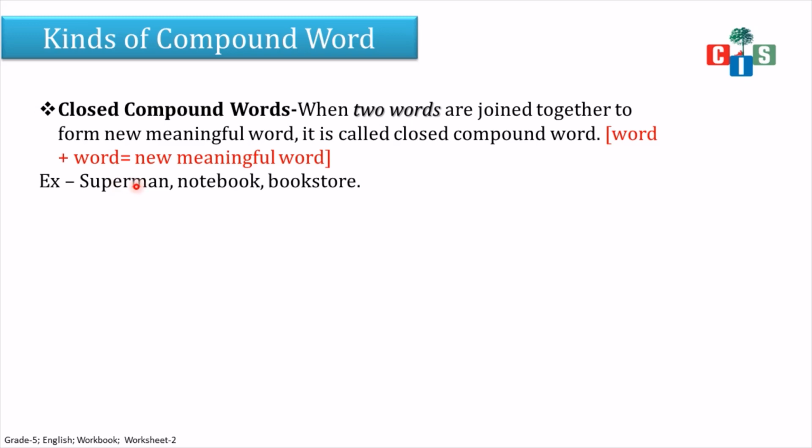See here scholars, we have one word super and another word man. Super and man are joined together without any hyphen, without any space, and it became a new meaningful word, that is superman. So it is called a closed compound word.